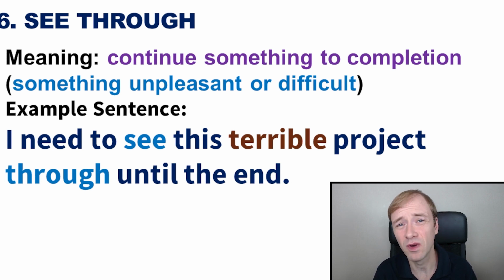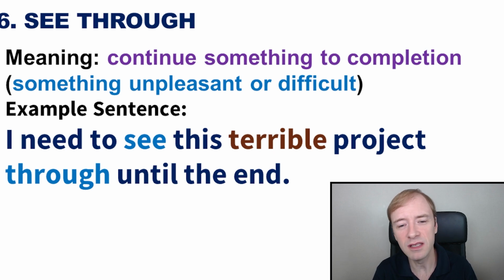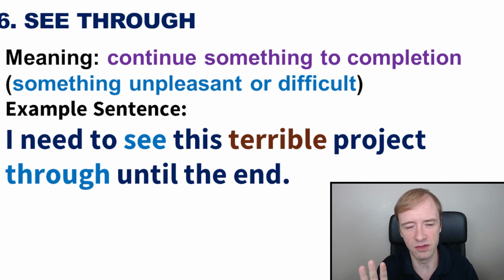So in that case, we're going to use see through. Now, if you said, I need to see this terrible project out until the end, that's not wrong. No native speaker would think that was wrong, but we should try to use see through for negative experiences. Now, see through is not always used for negative experiences, and I'll talk about that later.